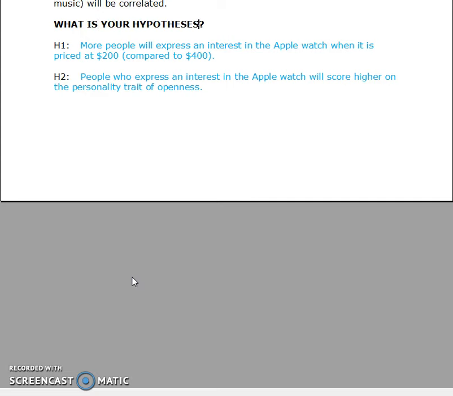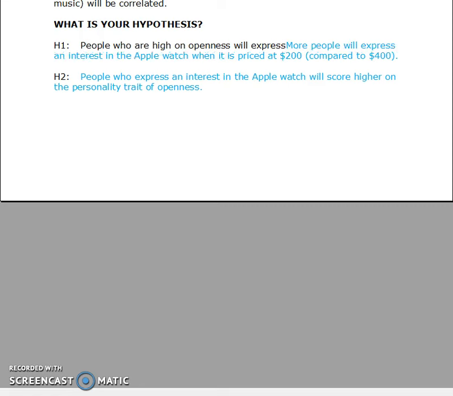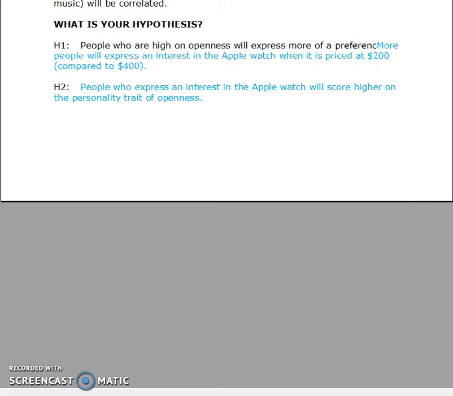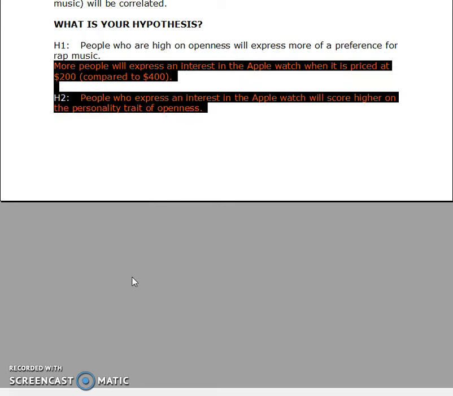What is your hypothesis? And you're going to say that people who are high on openness will express more of a preference for rap music. That's all you gotta do.